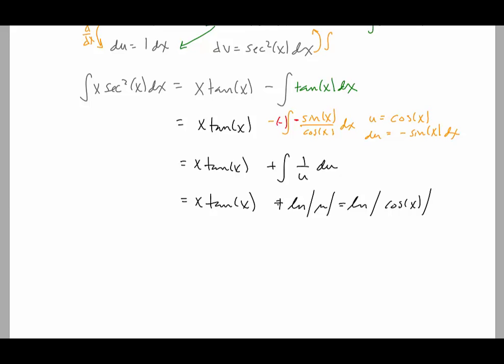Okay, and so that was a plus. So it looks like to me we have x secant squared of x dx is equal to x tangent of x plus natural log absolute value of the cosine of x plus c.